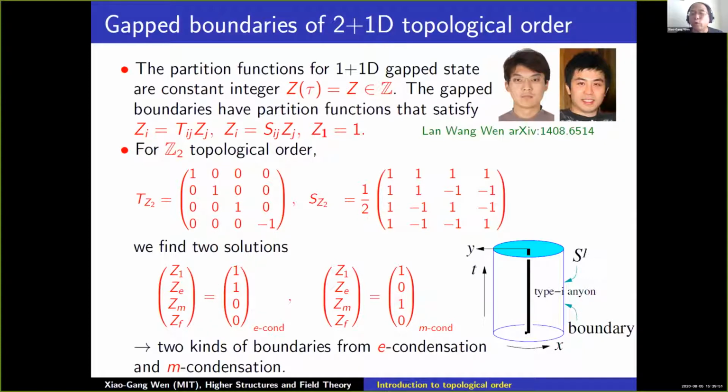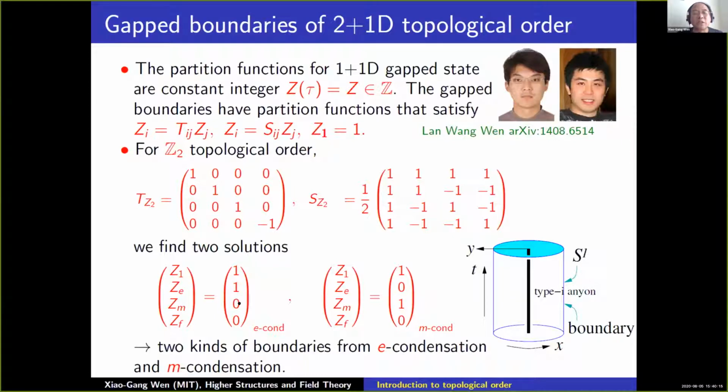However, if you create an M particle in the middle, you can also create a pair of M particles and move an M particle to the boundary. But this boundary cannot absorb the M particle. So the M particle appears as an excitation on the boundary, with energy. Then in the long time limit, this final energy gives rise to this zero partition function.